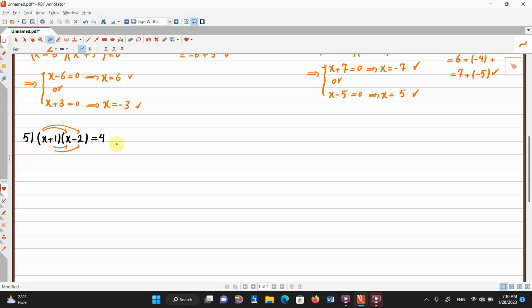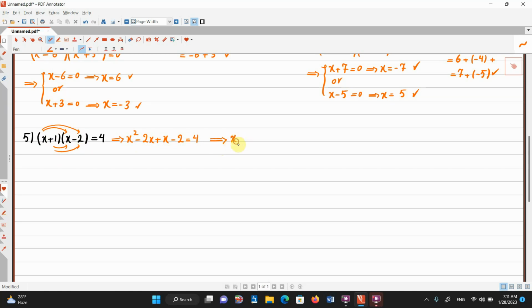If you do the multiplication, you will reach x² - 2x + x - 2 = 4. Then move all the terms to the left side and simplify them as much as possible.